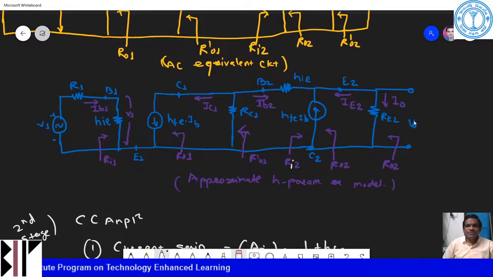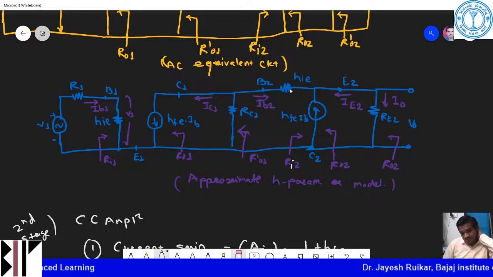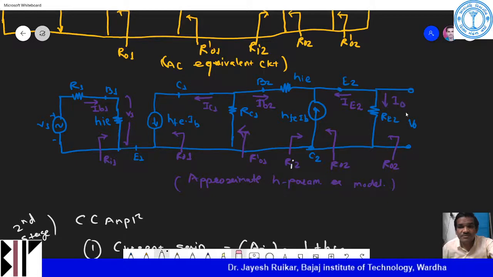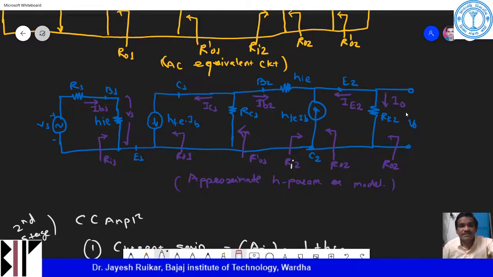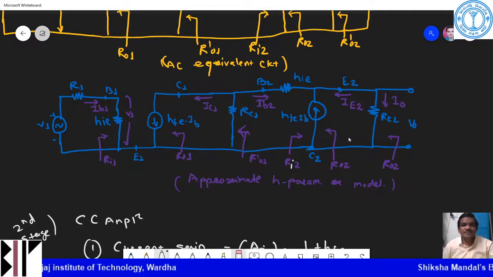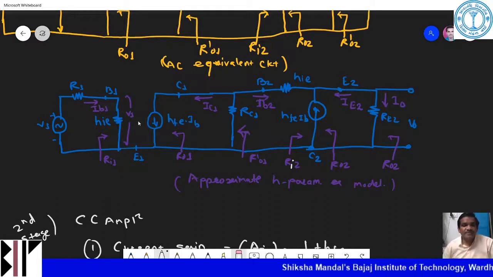It is VO by the input voltage VI, and then VI by VS; we can write this equation.